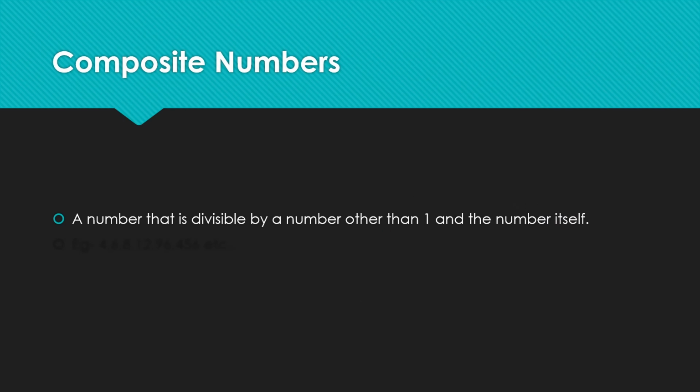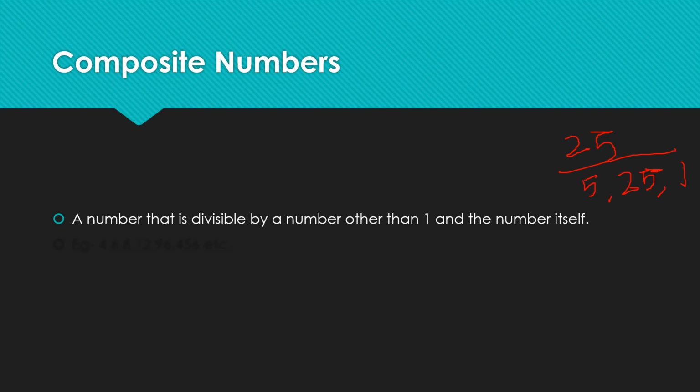For example, if we take 25, we can divide 25 by 5, 25 and 1. So it has more than two factors.